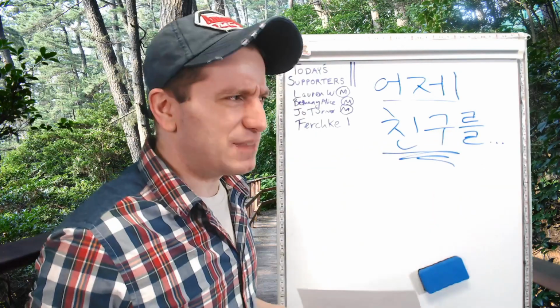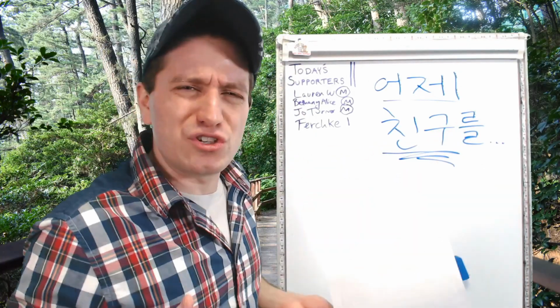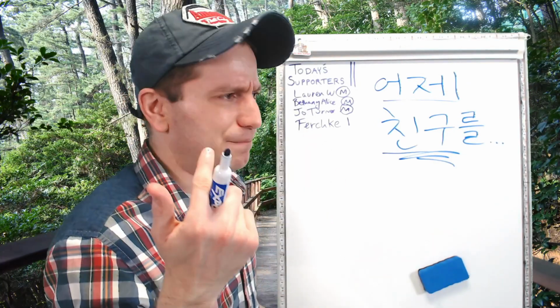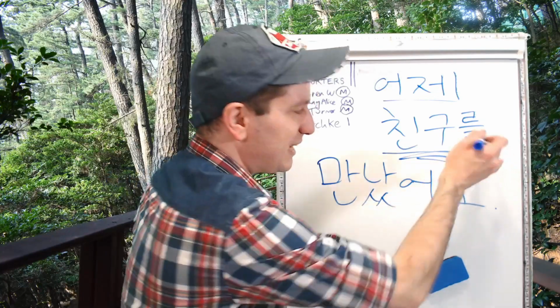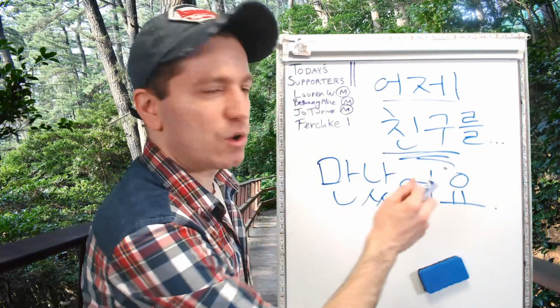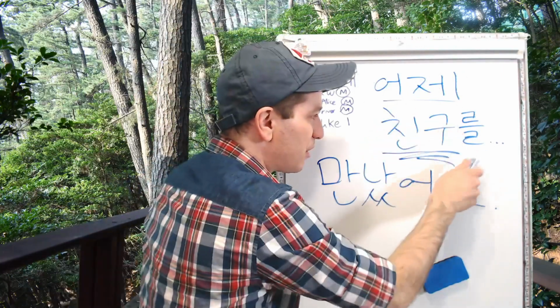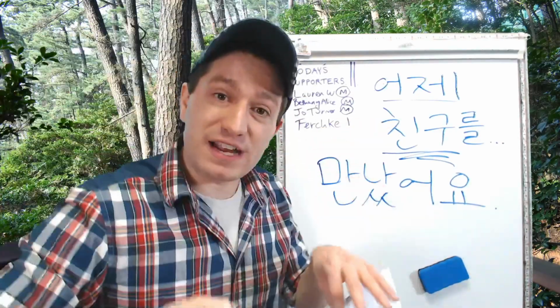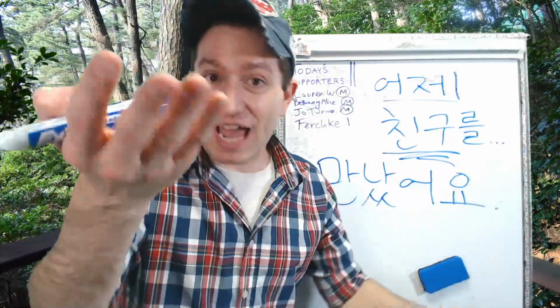So it's going to have to be something you do with a friend. What could you do directly affecting a friend? You could see them, you could meet them, 만났어요. But just getting up to here, any native speaker can feel that coming at the end of the sentence is going to be something like to meet. The object marker dictates that whatever it's used after is what's directly being affected by a transitive action verb.